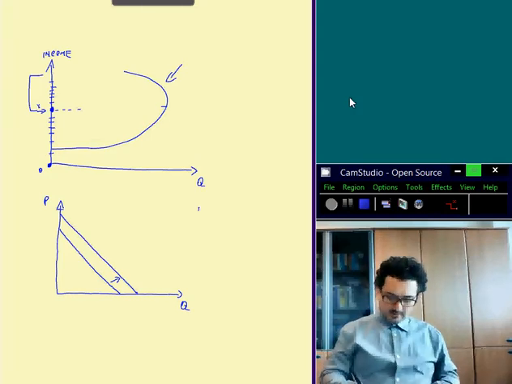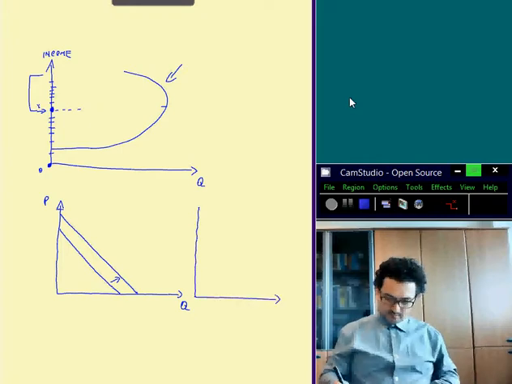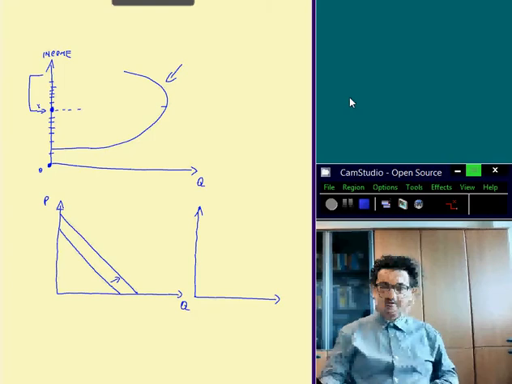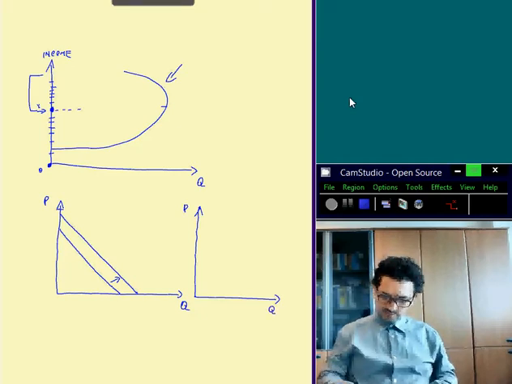And if we want to consider the effect of a reduction in the average level of income on the demand of a normal good, this is the demand relation, what is the effect of a reduction in income?